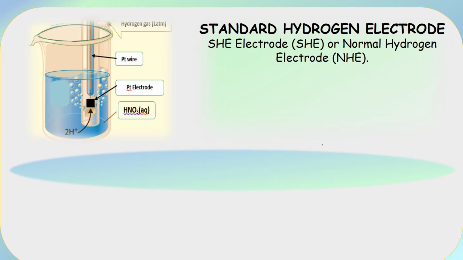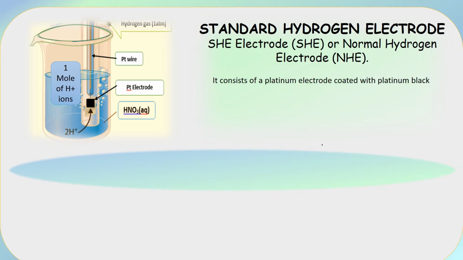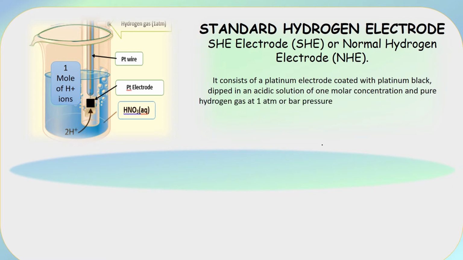There is a beaker which contains 1 molar H+ ion solution. A platinum electrode coated with platinum black is dipped into this solution, and pure hydrogen gas at 1 atmosphere is bubbled.